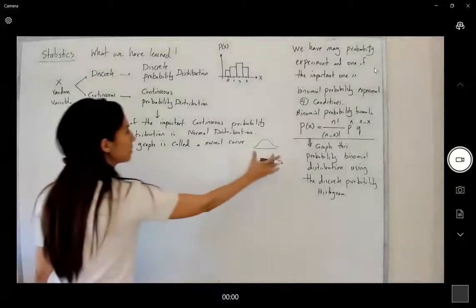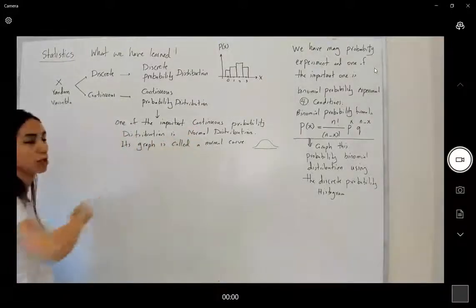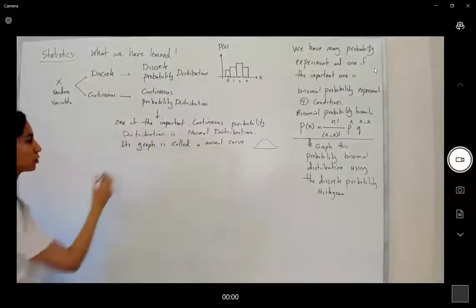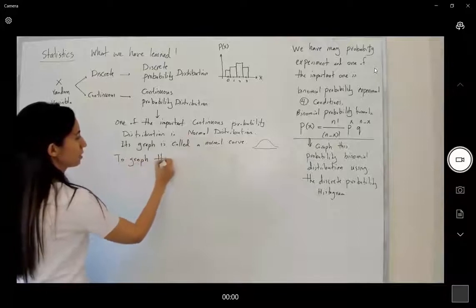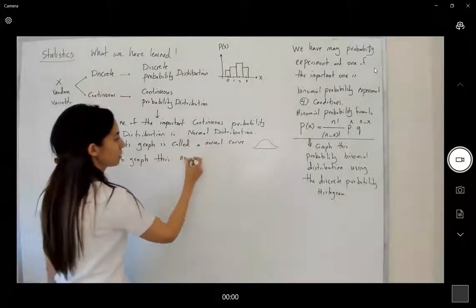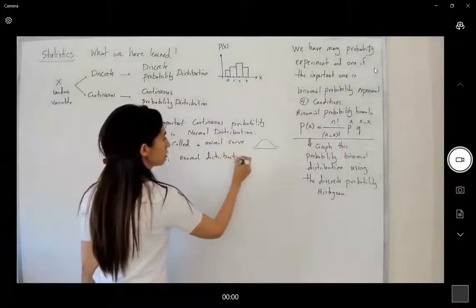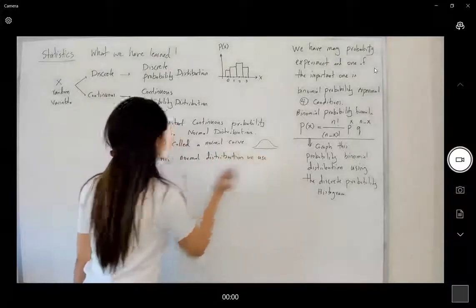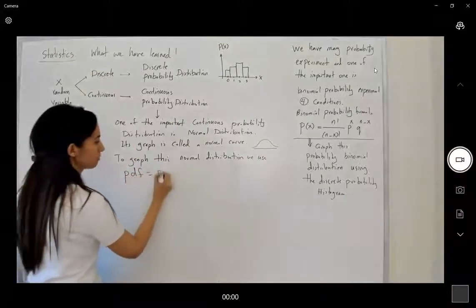Remember that to graph a continuous probability distribution, which in this case is a normal distribution, we use the probability density function.